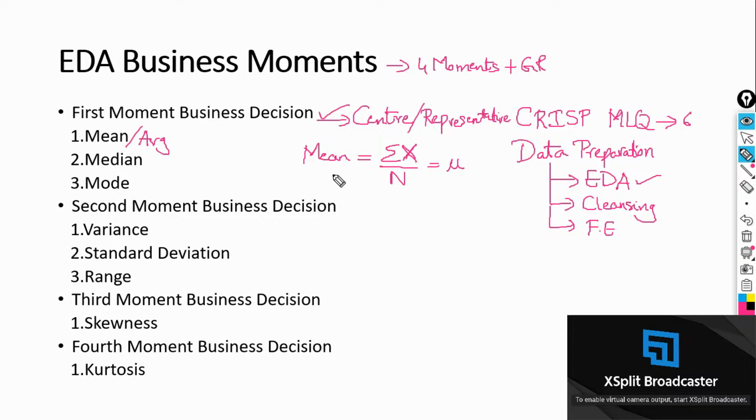So, in all cases, can we use mean? Can I consider the mean value as the center value of the data in all cases? No. What is the exceptional case?